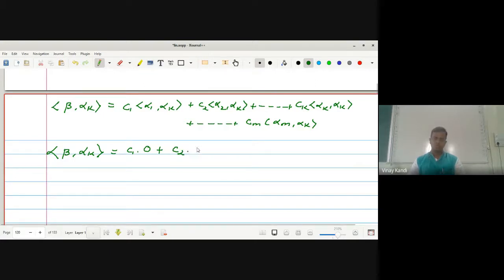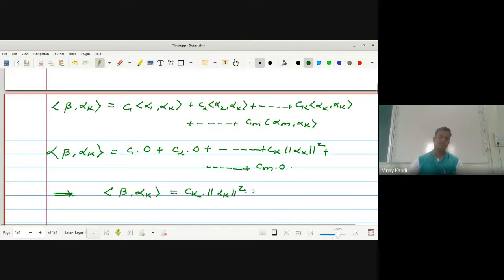C2 into 0 plus up to so on Ck into norm alpha k square plus up to so on Cm into 0. So the inner product of beta with alpha k is equal to Ck norm alpha k square.